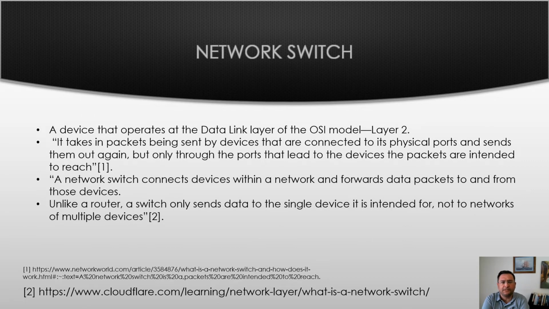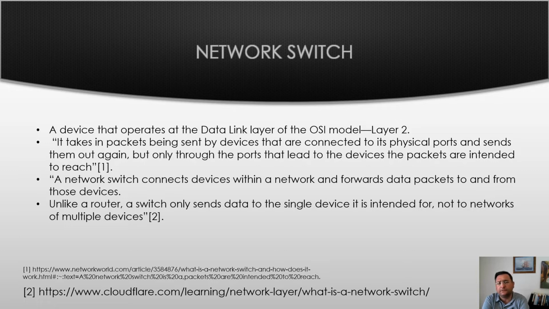A network switch is a device that operates at the data link layer of the OSI model. It takes in packets being sent by devices that are connected to its physical ports and sends them out again, but only through the ports that lead to the devices that packets are intended to reach. So there is a direct transfer of data from one node in the network to another node, but nothing else.